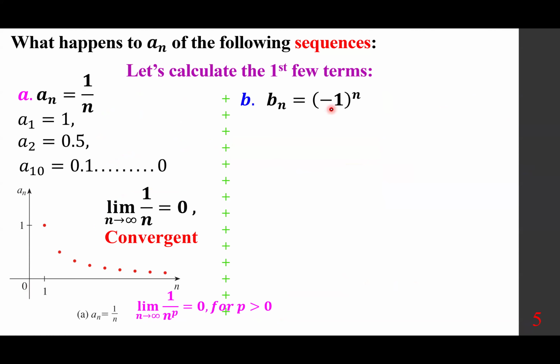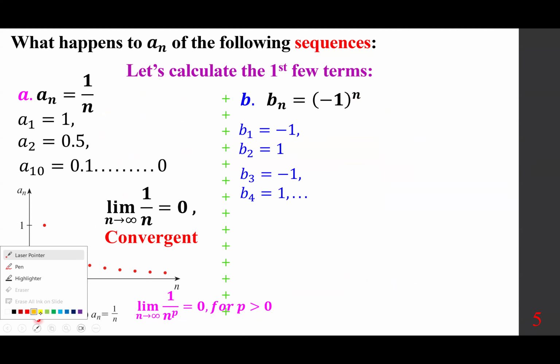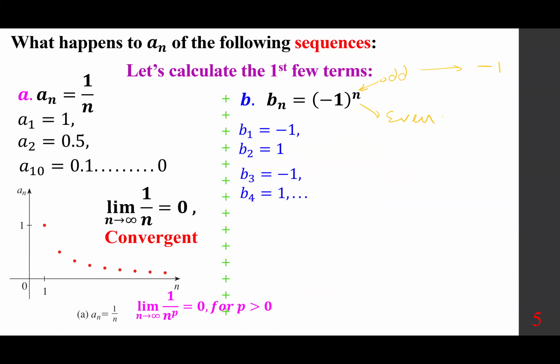What about this one? If I put 1, negative 1 to the power of 1 is negative 1. If I put 2, negative 1 squared is positive 1. If I put 3, I get negative 1 again, and 4, I get positive 1. That means if n is odd, the answer is negative 1. If it's even, the answer is positive 1.